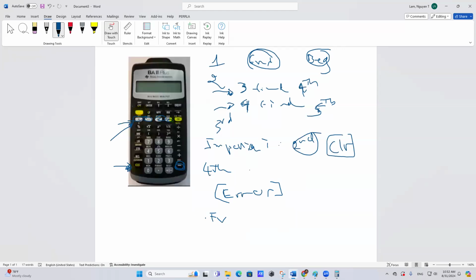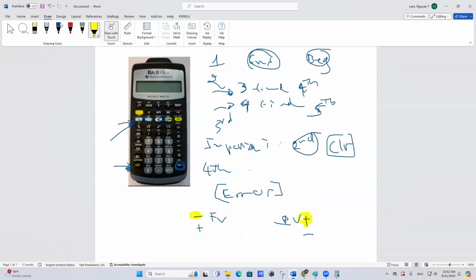Let's say for FV, if you put negative for FV, then for PV you have to put positive. However, if FV is positive, then you put PV as negative. So just make sure that when you put one sign negative, you put the other with the opposite sign.